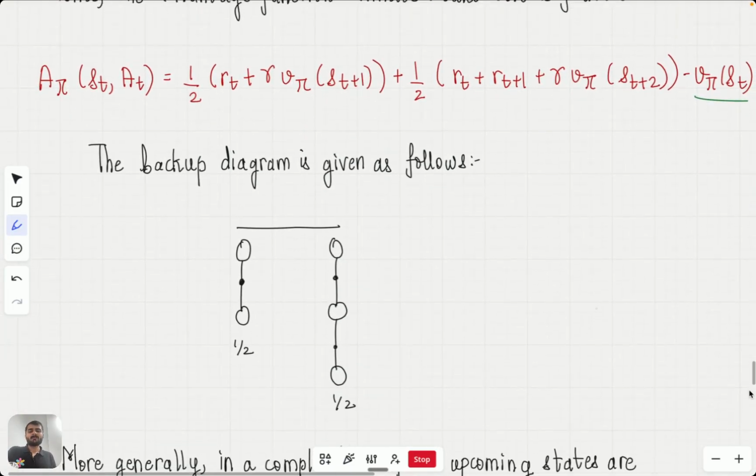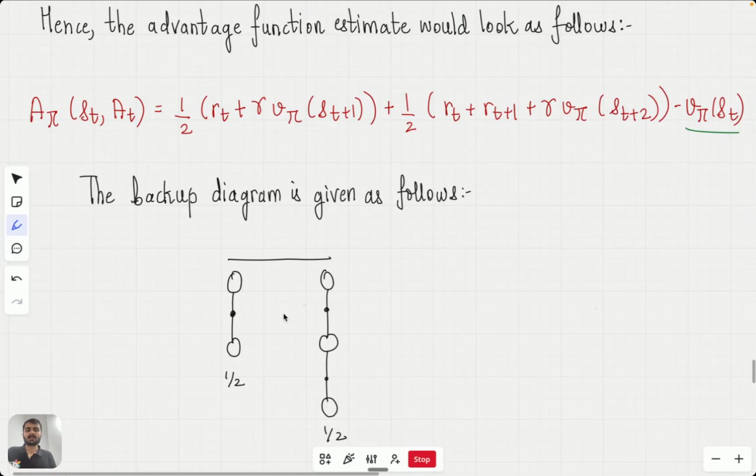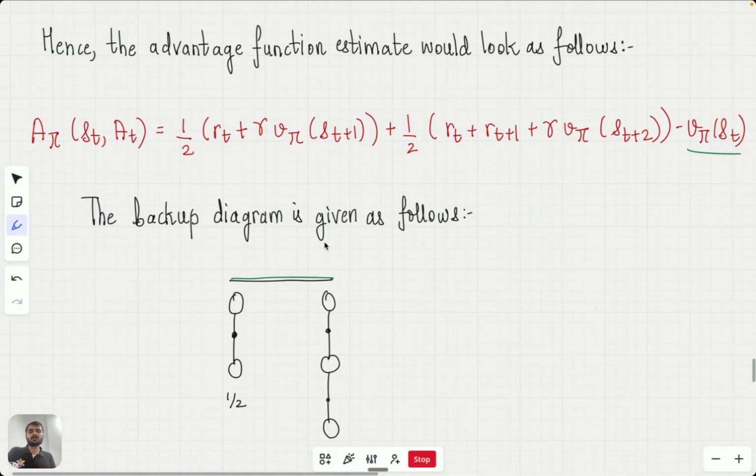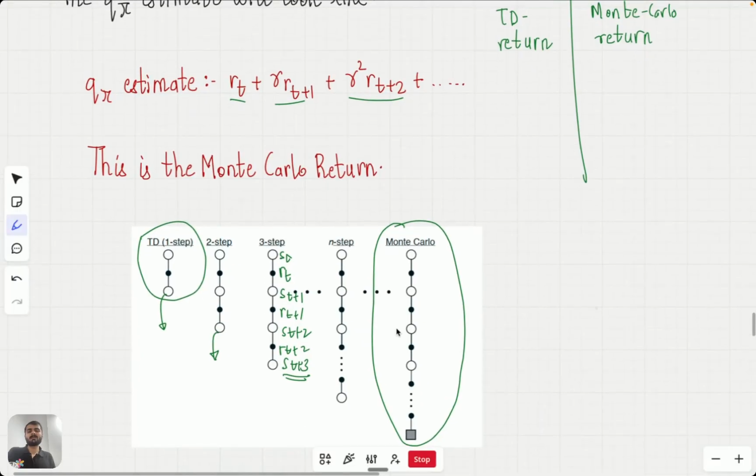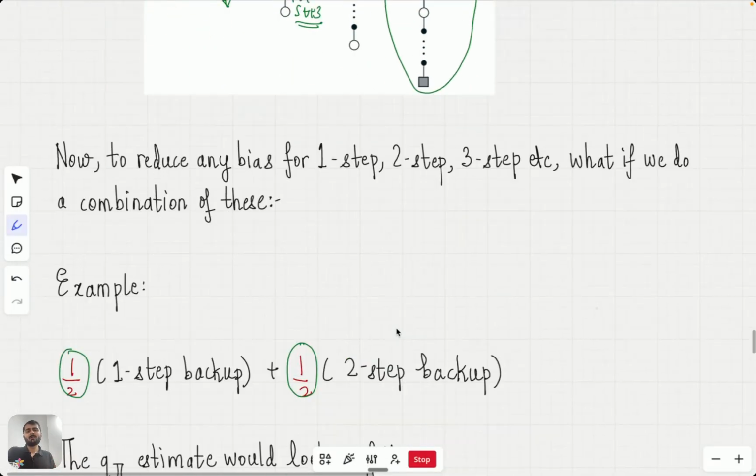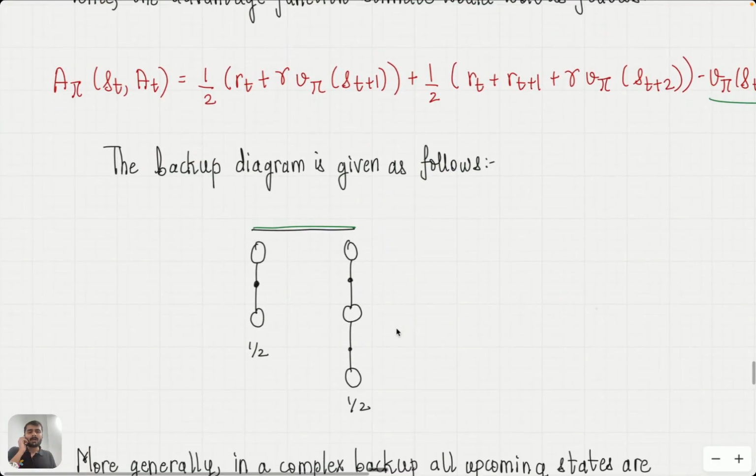So the backup diagram would be given like this. You have a line at the top here which indicates that we are doing a summation. Here we did not have a line because we were considering individual returns, but here you are doing a summation. So you are taking half from the one-step return and half from the two-step return.